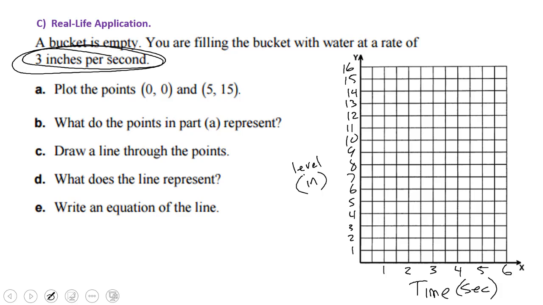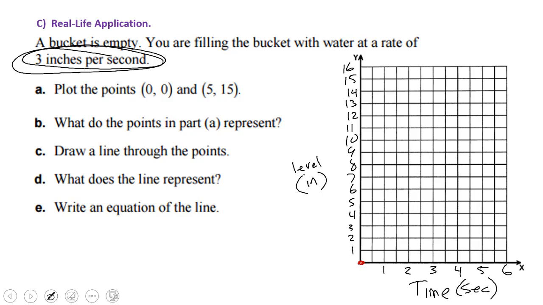And it says graph the point 0, 0. Okay, 0, 0. That should ring a bell to us. If I'm graphing a point 0, 0, we potentially have a proportional relationship because all proportional relationships go through the origin.